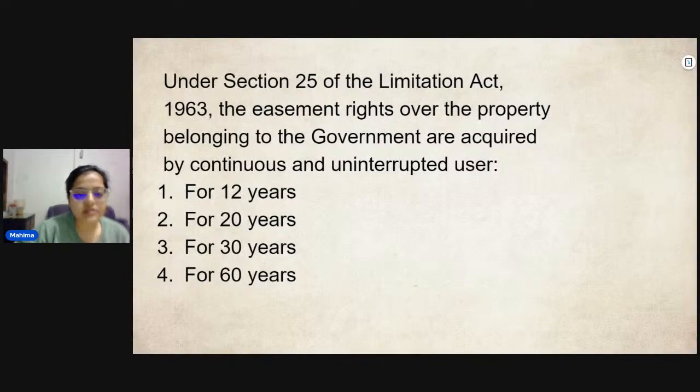Next question is, under Section 25 of the Limitation Act 1963, the easement rights over the property belonging to the government are acquired by continuous and uninterrupted user for 12 years, for 20 years, for 30 years, for 60 years.